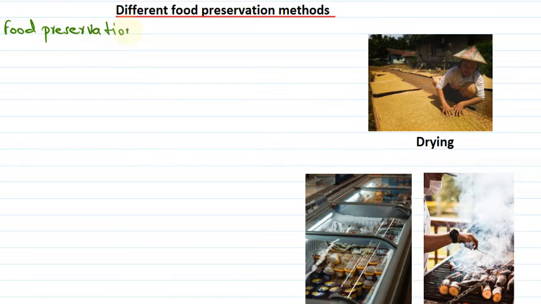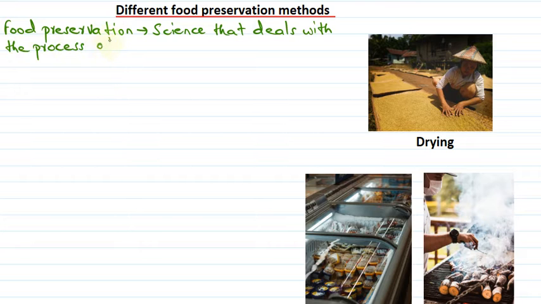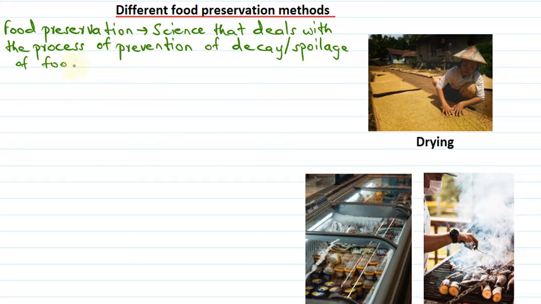Food preservation is a science that deals with the process of prevention of decay or spoilage of food.